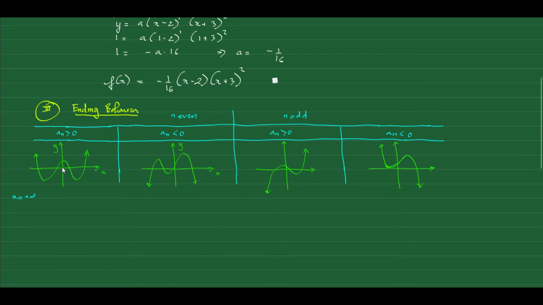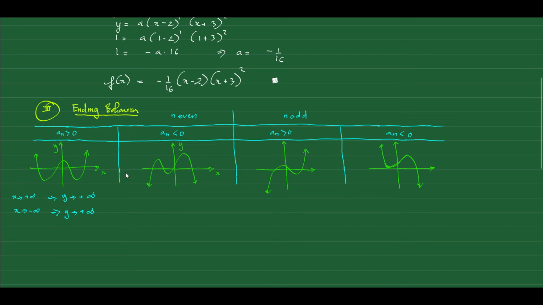The more you go to the right, the more the function goes up. So y approaches positive infinity. When x approaches negative infinity, you walk to the left, and the function is also going up. That is ending behavior.